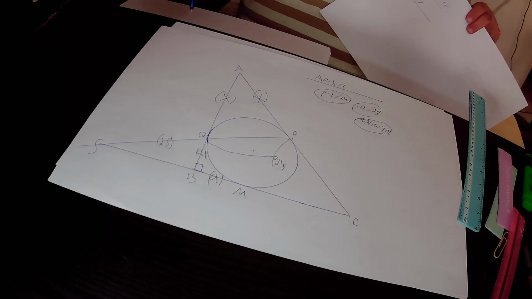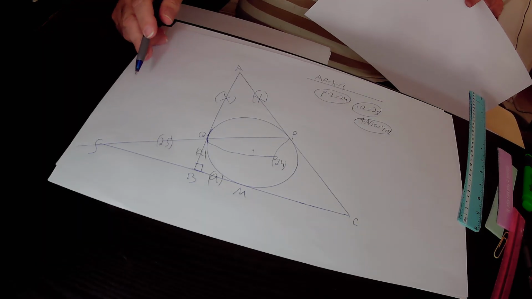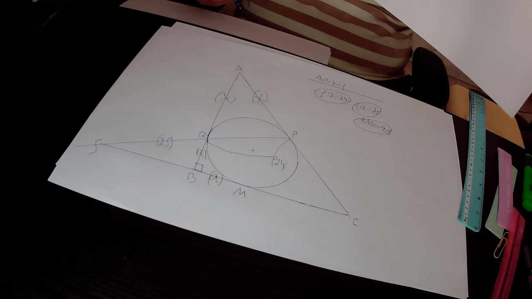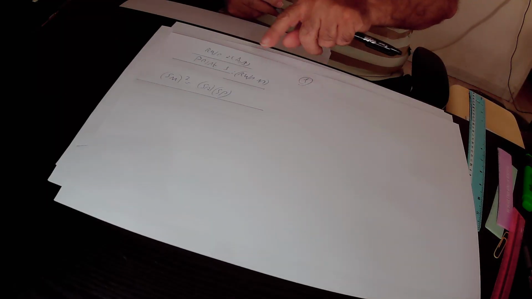If we focus on the common external point S, we can implement rule 10. According to rule 10, SM squared equals SQ times SP.